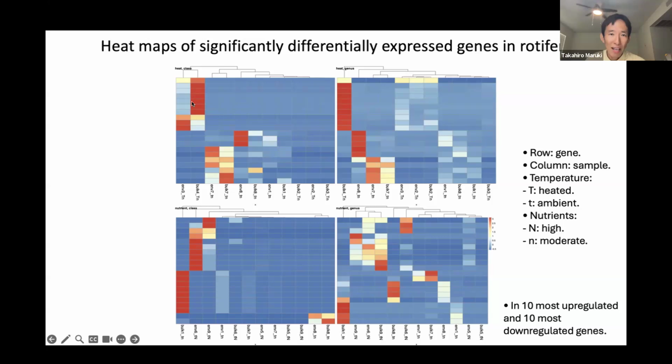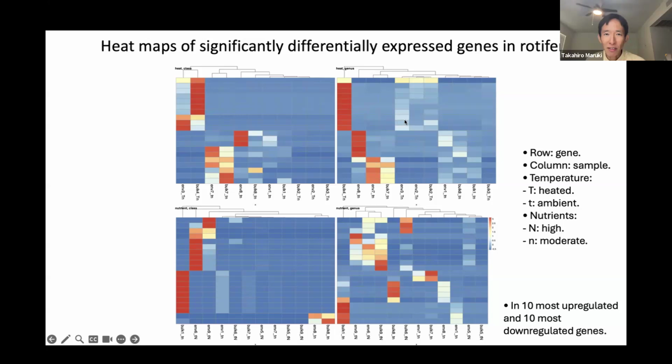In the top panels, we show the result in heat response under moderate nutrient condition. By looking at the analysis at the class level, we find that samples from ponds with the same temperature condition show similar gene expression pattern to each other.